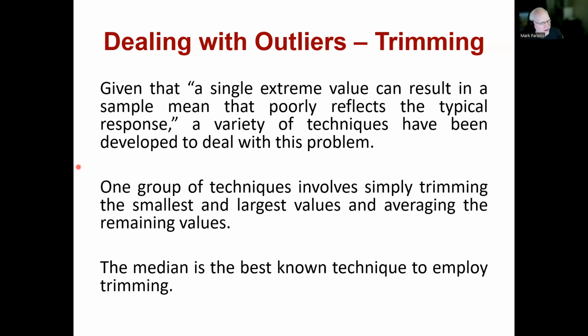So trimming essentially operates by, let's remove the smallest or largest, not necessarily saying that they're outliers. We might not know if they are, particularly within the sample context. So we drop the smallest and we drop the largest ones, and we then take the average of the remaining values.